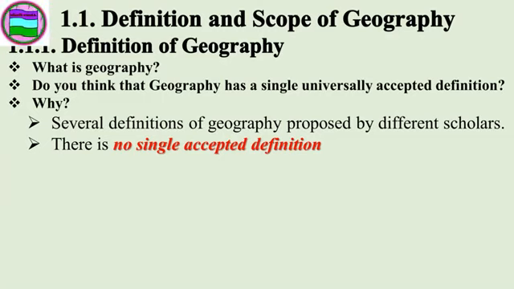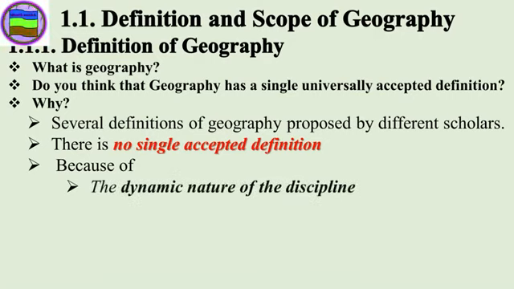The first reason is the dynamic nature of the discipline: most geographical phenomena are not static but change from time to time. Based on this, it is difficult to give a single universally accepted definition.